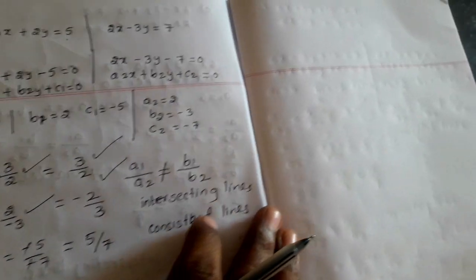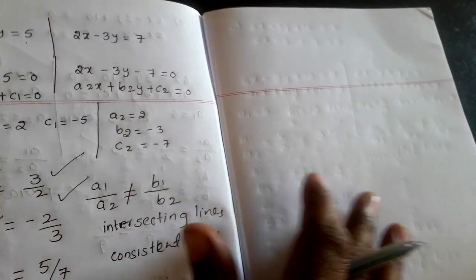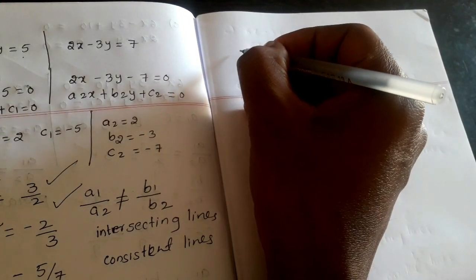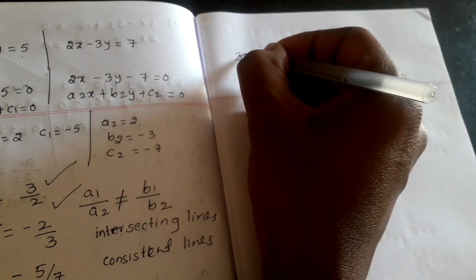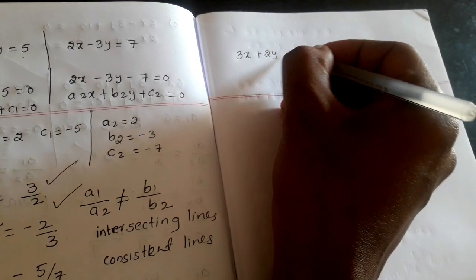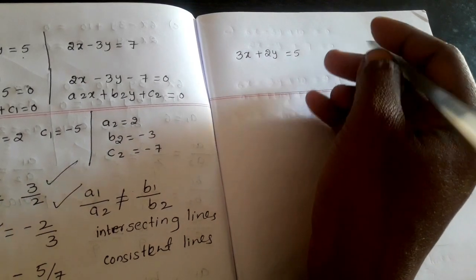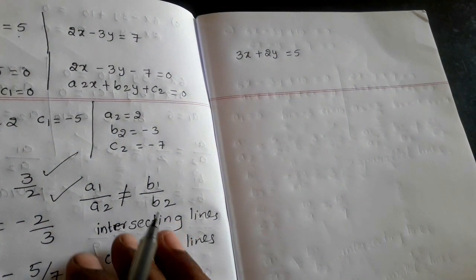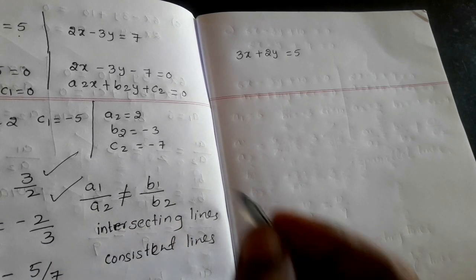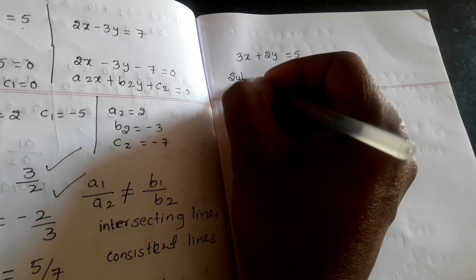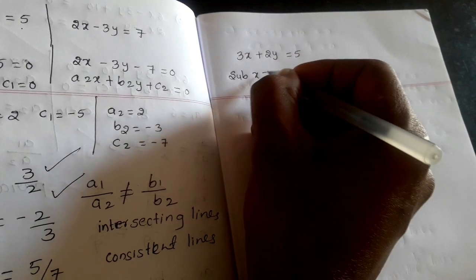So now we will solve this question graphically. How we will solve, just you see. First equation, 3x plus 2y is equal to 5. To draw a graph, we need points. For that what you do, first you substitute x is equal to 0.